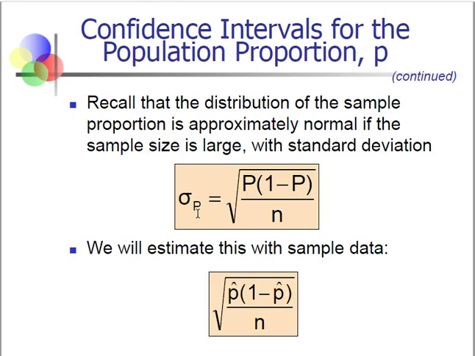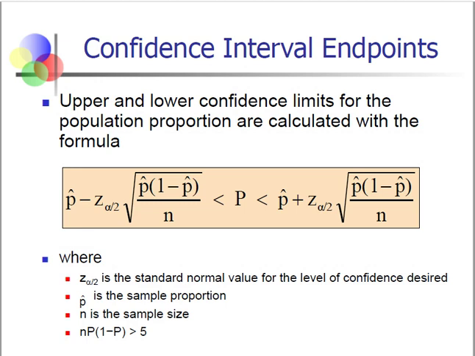The population standard deviation for a proportion is given by that, but it can be estimated with the sample data, which is just the root of p hat multiplied by 1 minus p hat over n. In this way, we're going to find the sample standard deviation. So that is the formula that we're going to use.